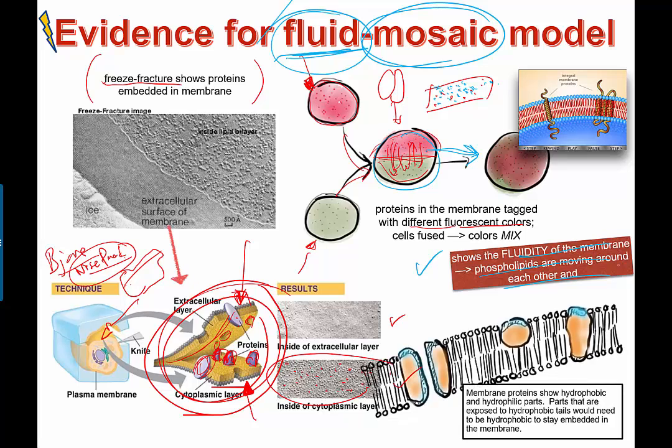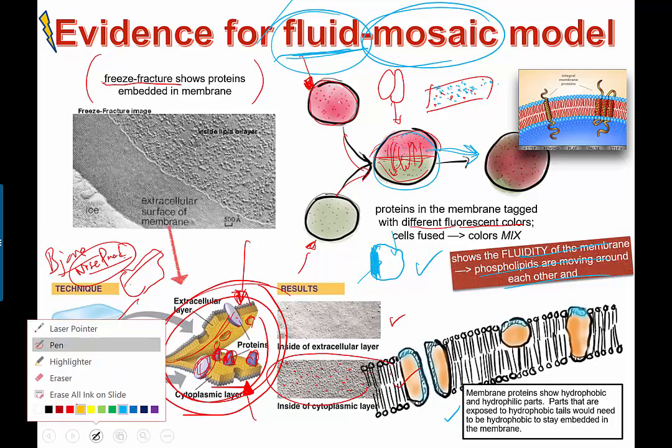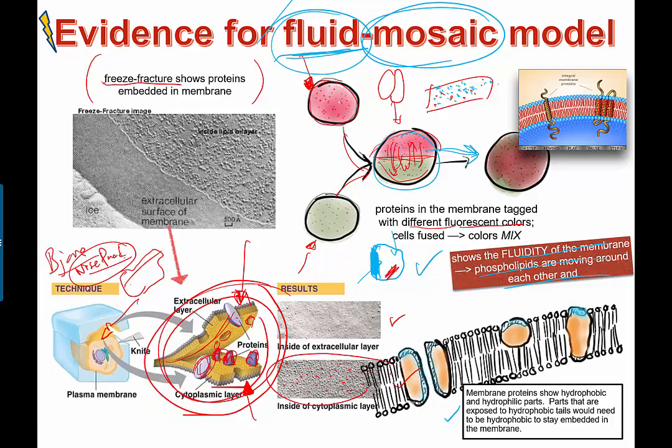Finally, one last piece of evidence is it was figured out or known that some of these proteins, these membrane proteins, had different properties depending on the location of some of these guys. So some parts of them liked water or were hydrophilic, and some parts of them were actually hydrophobic and didn't like water. And that seems to make sense because based on the properties of phospholipids, we know that tails are actually hydrophobic.